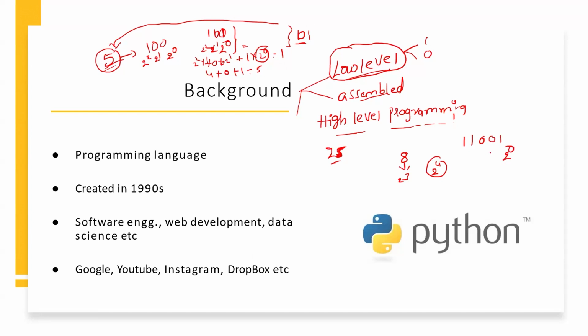This is 2 to the power of 0, 2 to the power of 1, 2 to the power of 2, 2 to the power of 3, 2 to the power of 4. Like this is the answer. So though you have given the number 25, the computer's low level program automatically converts it into binary format. For humans, it is really difficult to understand the binary format.